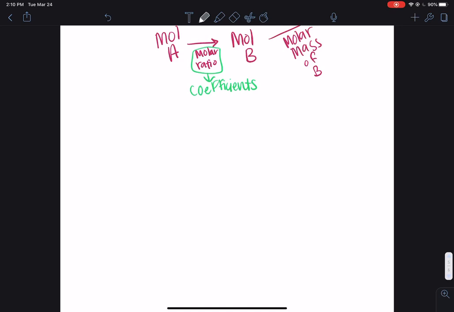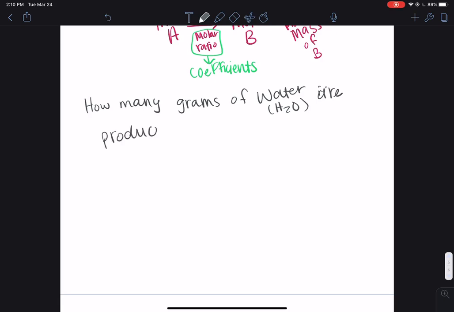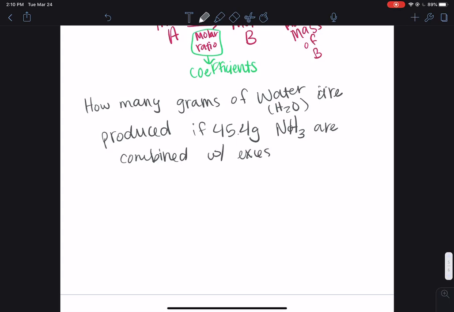So we're going to work with the same equation that we've been using, but now I want to know how many grams of water, H2O, are produced if 45.4 grams of ammonia are combined with excess oxygen.